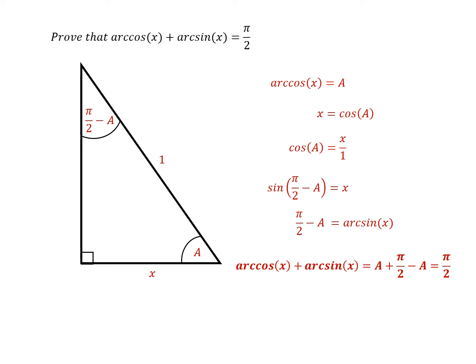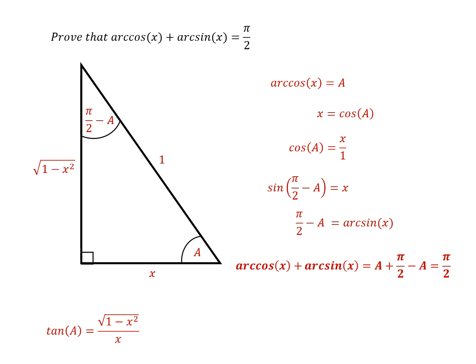Let's just pause for a moment and see what else we can do while we're here. For example, we can use Pythagoras on this triangle to find the length of the third side of the triangle. And then what we can start doing is looking at, for example, the tan of A. And the tan of A is the opposite over the adjacent.